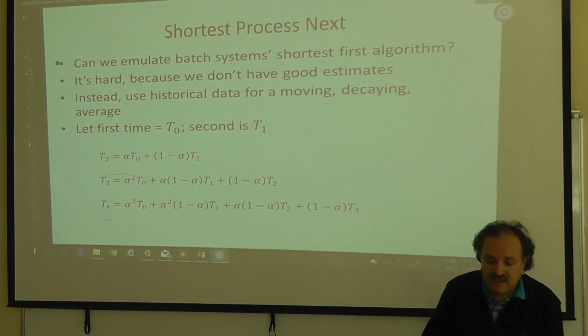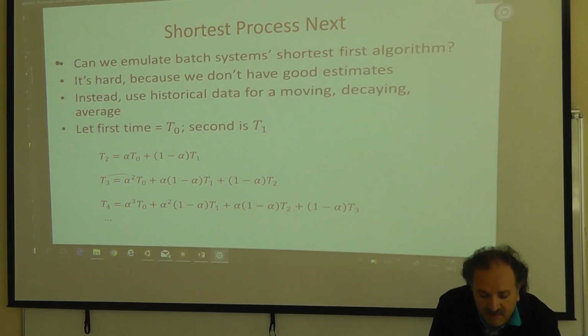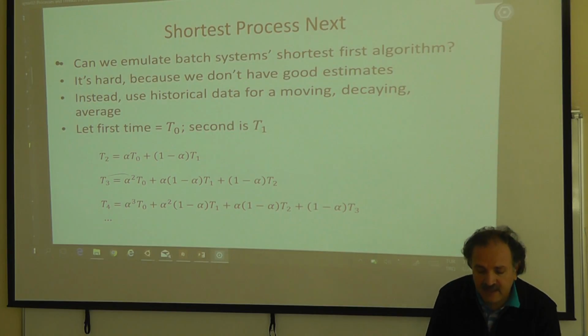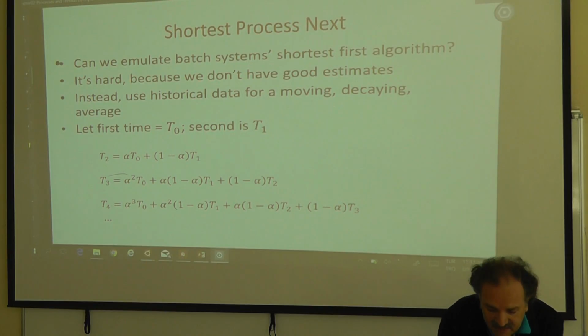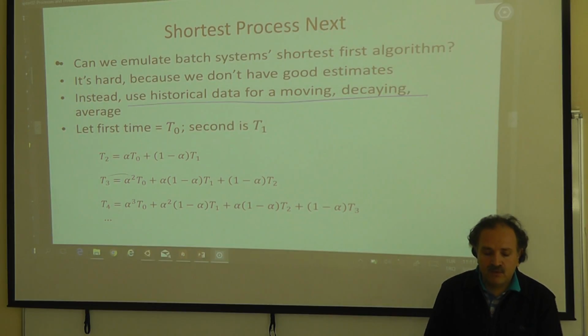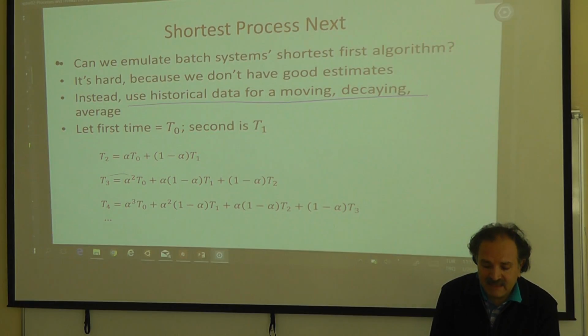If I wanted to do the same thing with interactive systems, maybe we can get an estimate. It is hard, but instead we can use historical data to estimate how long the next run of the interactive process is going to take.